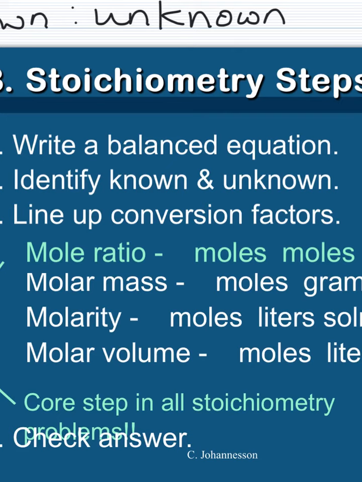So one of the main conversions that you need for all these problems is the mole ratio. That is the coefficient of our known to the coefficient of our unknown. That's how we get our mole ratio. And usually we use mole ratio when we're doing a moles to moles conversion.